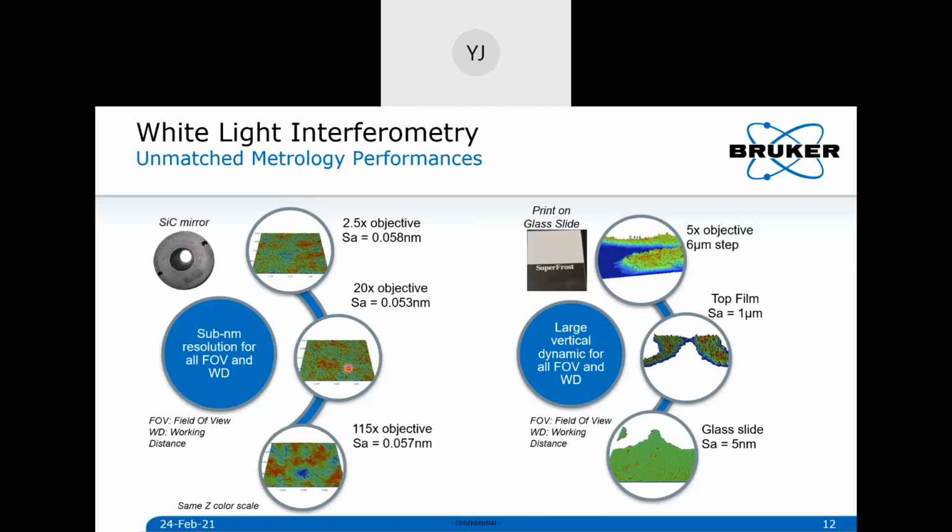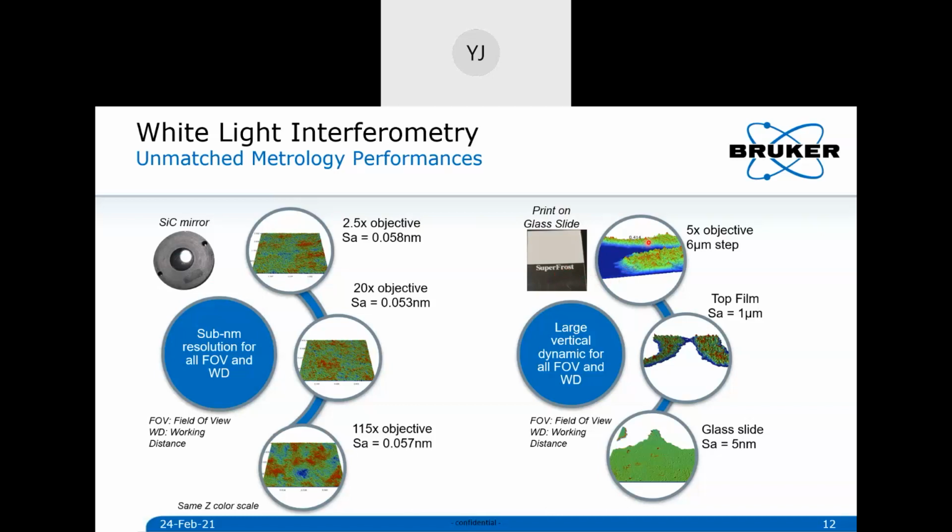We talked about nanometer resolution, but also measuring very rough things. So here you have a print on a glass slide, like a super frost, right? You can image that with our optical profiler. The glass itself is very smooth, and the lettering, which is printed, is rough compared to the glass surface.